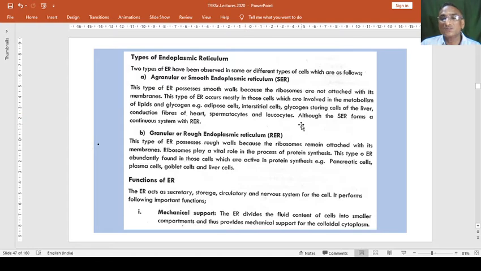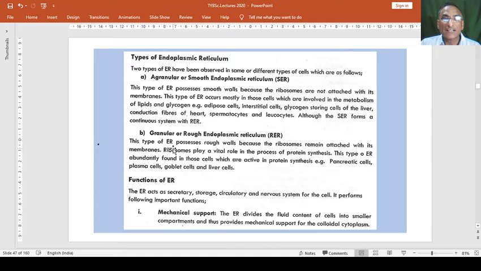Although the smooth endoplasmic reticulum forms a continuous system with the rough endoplasmic reticulum, they are very closely related to each other. If they have granules, it is called rough endoplasmic reticulum. If they have no granules, it is smooth. It is very simple, and they may continue in association with each other.